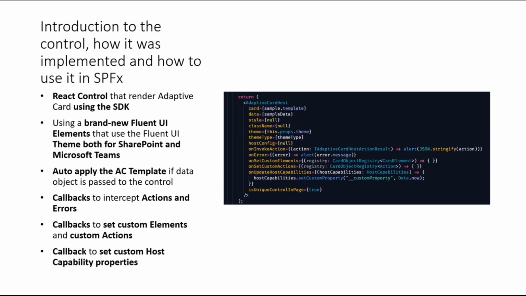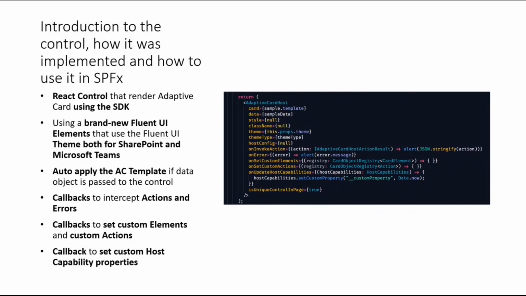If an object data is passed to the control, it automatically applies the template. So it takes the template of the card and then expands the template by using the object data. It also implements, of course, some callbacks to intercept actions and errors.